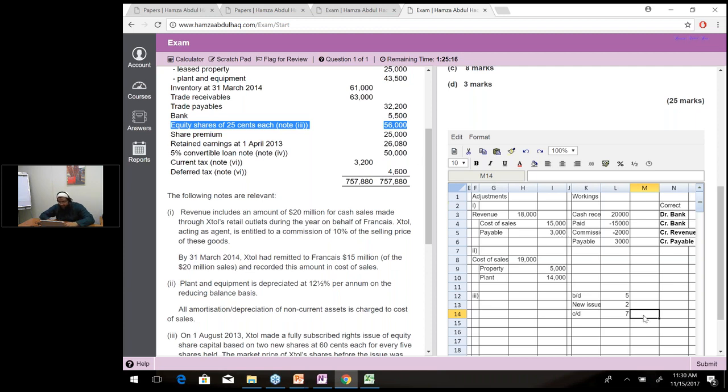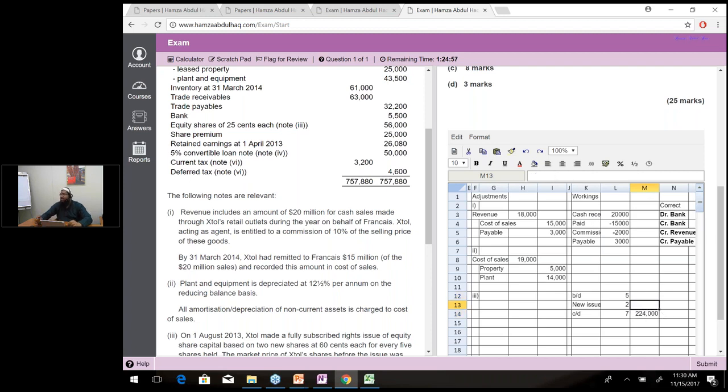So I'm going to write 56,000 divided by 0.25. What is 0.25? The par value. So I'm going to get the number of shares, which are 224,000. These are the number of shares that we will be using.